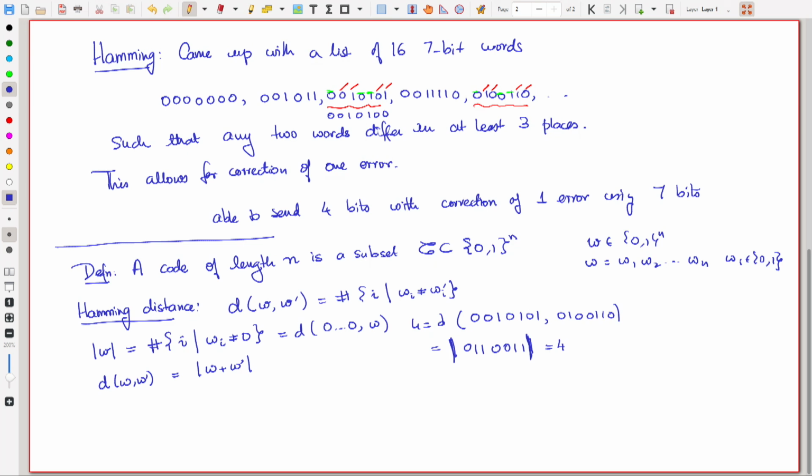So, the distance of a code, which is denoted d of c, is the minimum distance between two words in the code.